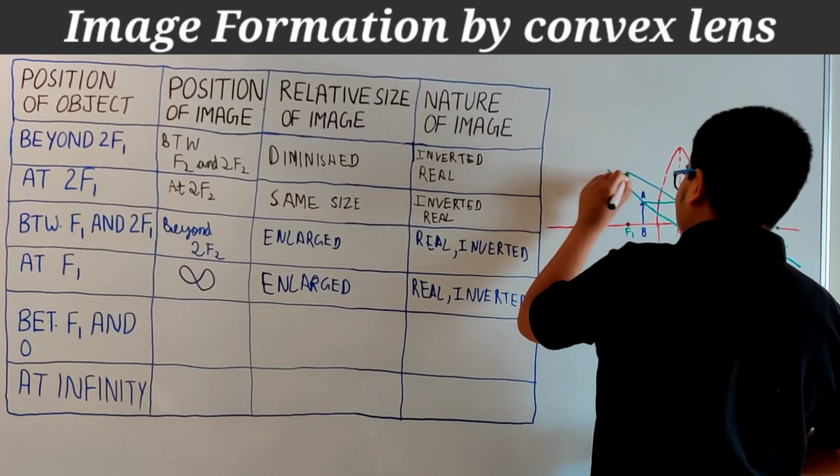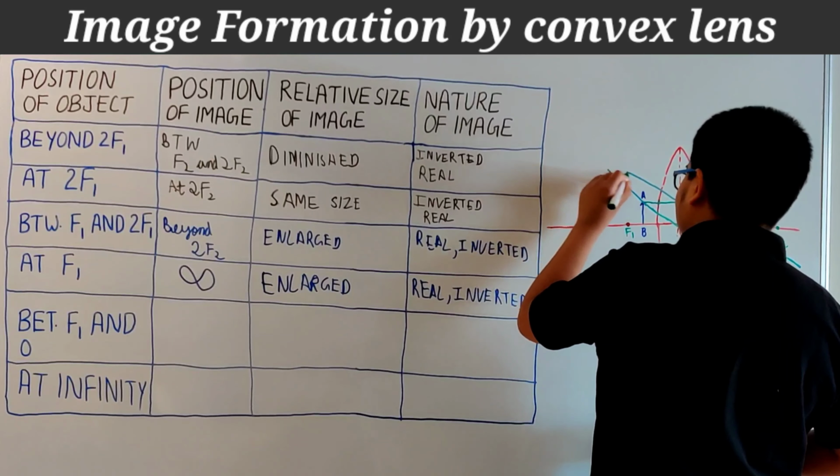So in this case, all the rays will pass through the focus. So all the incident rays will meet at the focus F2. So that's why we can say that whenever the object is at infinity, the image is formed at focus F2.